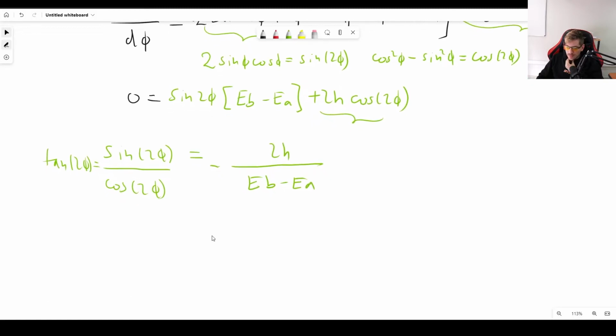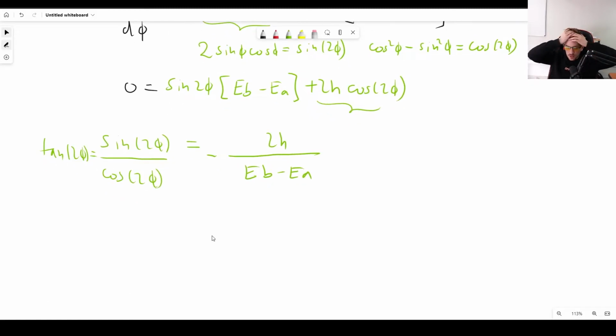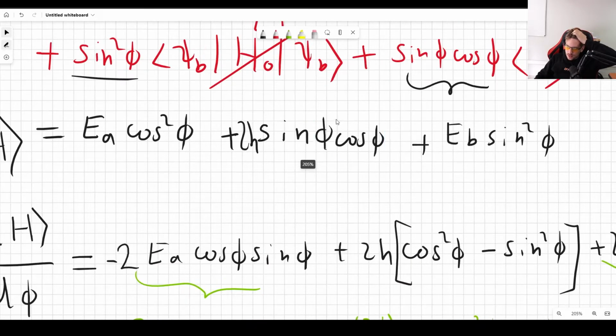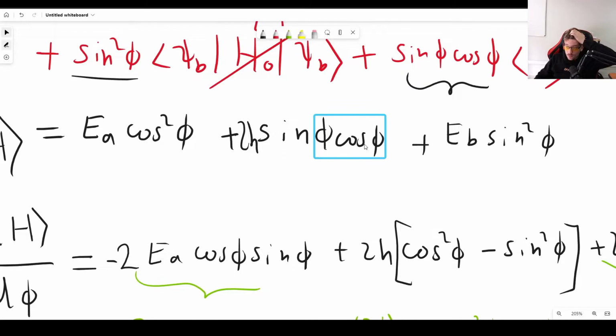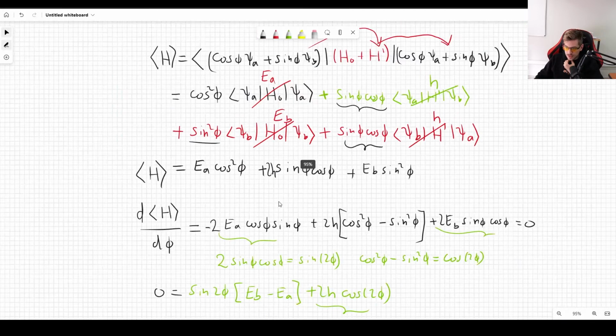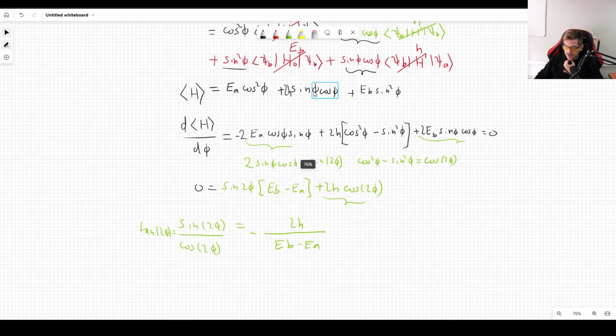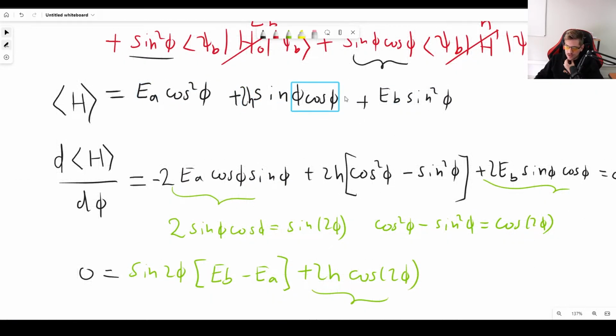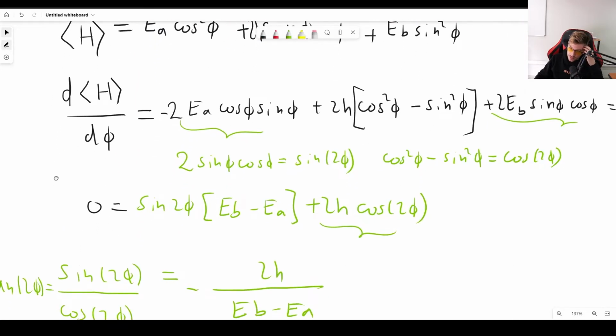So now we have an expression for the tangent of 2 phi, but keep in mind that our objective is to find an expression either for phi or for cosine phi or sine phi that we can then plug in here. That is the objective. And at the moment, there is no tangent here, and maybe we can turn everything into tangent somehow, but that doesn't really seem to be particularly easy.